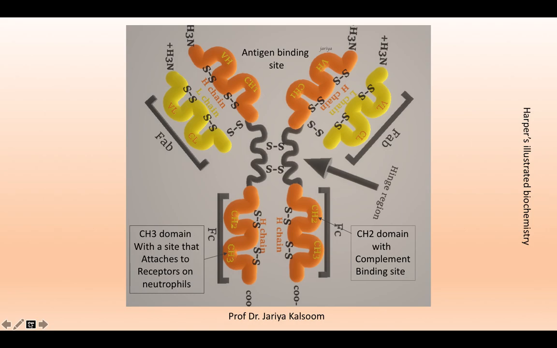The basic tetrameric structure of immunoglobulins consists of 2 identical light chains or L chains and 2 identical heavy chains or H chains. The heavy and light chains are synthesized as separate polypeptides, glycosylated to form glycoproteins, and assembled within B cells or plasma cells into mature immunoglobulins.